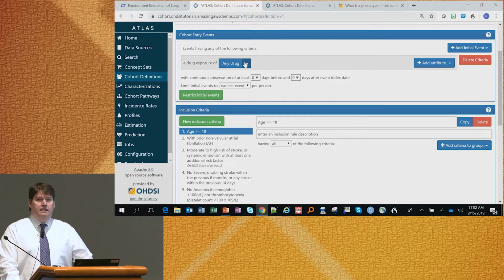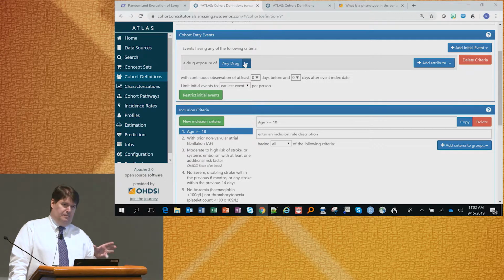Sure. In the common data model, there is a table called drug era, and the drug eras are inferred from the individual drug exposures at the ingredient level. So when you talk about the OMOP vocabulary and you talk about the individual drug exposures, they may be clinical drug forms, branded drug forms, lots of low-level drug forms.